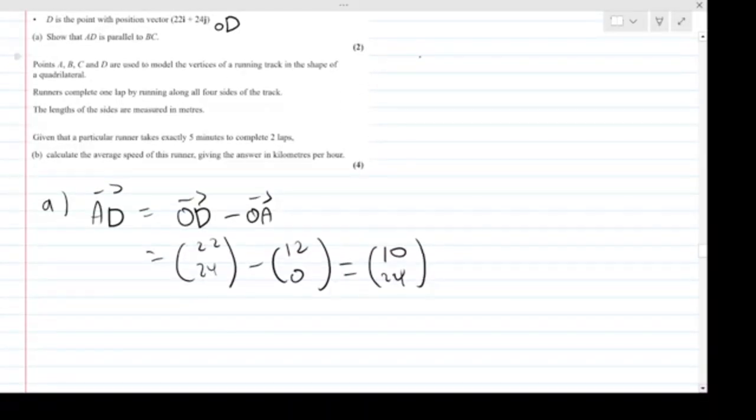And then I need to find BC as well, right? And very similarly, BC is going to be OC, take away OB. Well, OC as a vector is 50i, 136j.